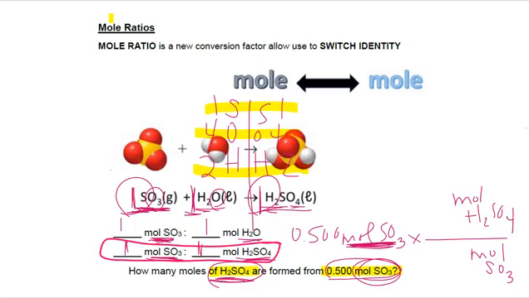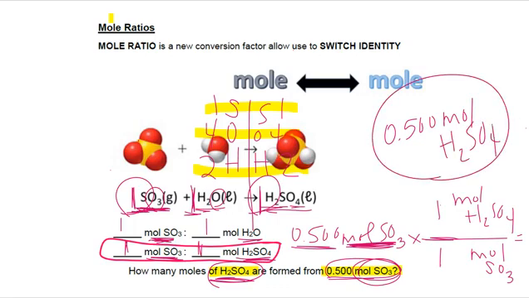So I'm looking at that ratio of H2SO4, and we know it's a 1-to-1 ratio. So what is anything times 1 divided by 1? It's going to be the same number, right? So since I started with a half of a mole of SO3, I'm going to end up with a half of a mole of H2SO4. When it's a 1-to-1 ratio, we'll get the same answer as what we started with.